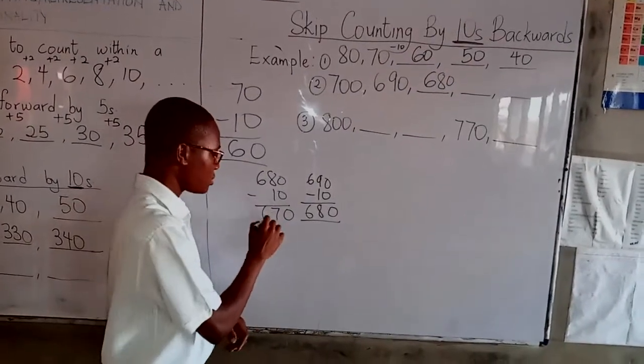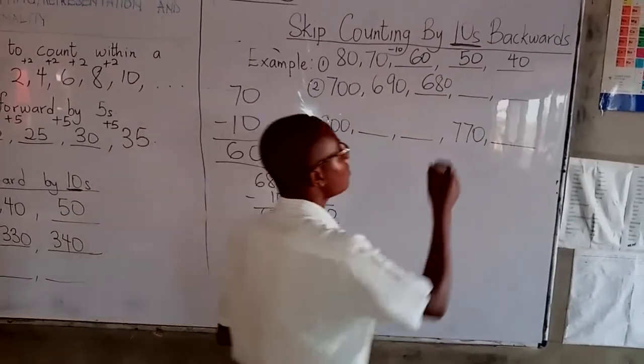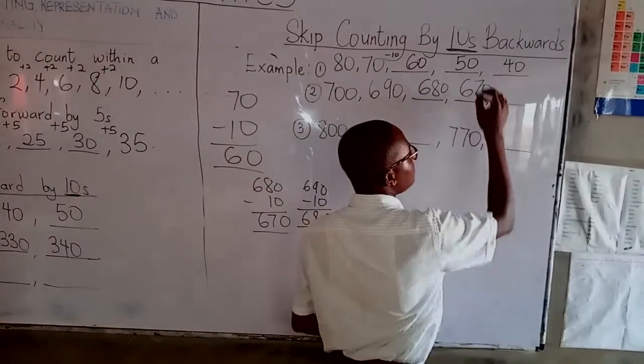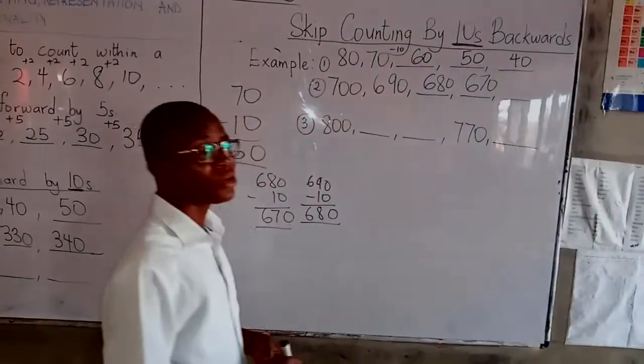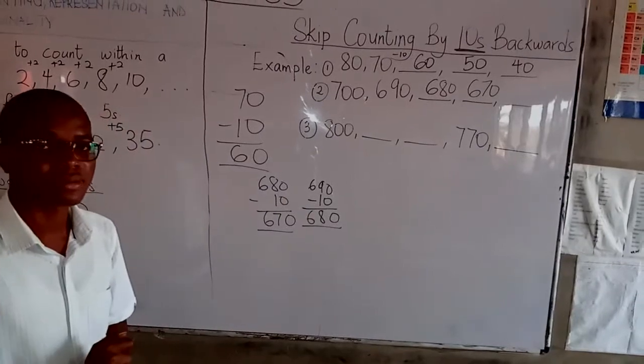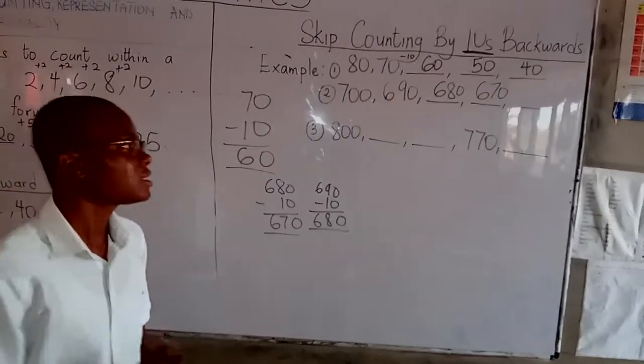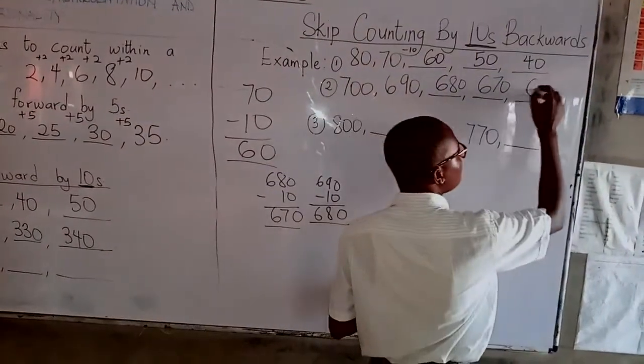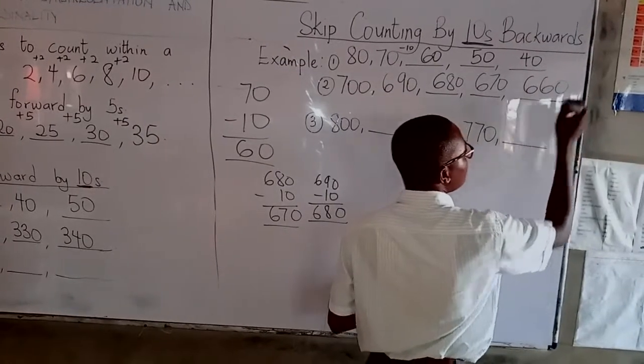And a 6 drops, giving you 670. Now try the last one your own self and tell me what you got. That's nice. When you do it, you're going to get 606.